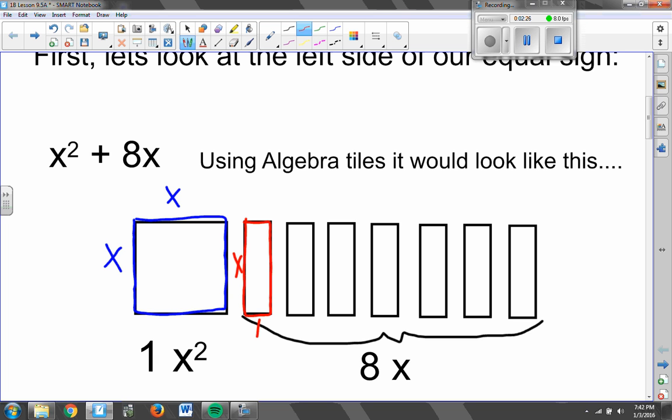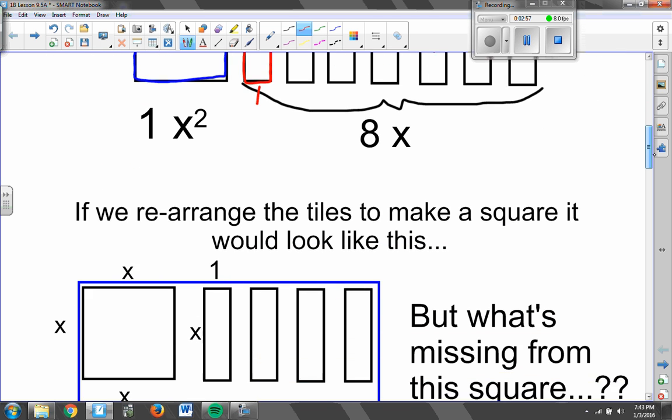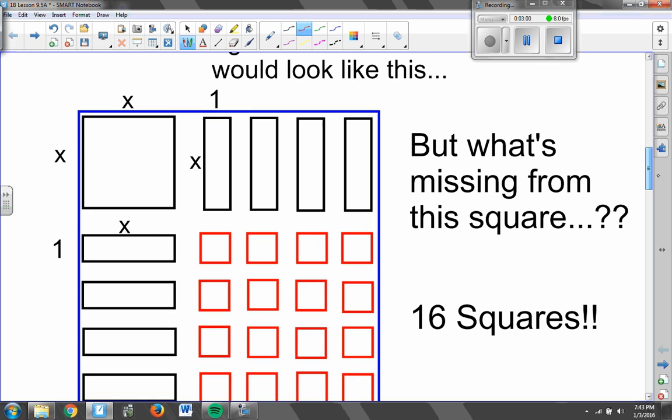The area of this blue guy is x squared, and the area of each one of these red guys is x times 1, which is x. I have 8 of those, and I have 1 x squared. So I have 1 x squared and 8 x tiles. Now, if I rearrange those tiles and turn them into a square, it looks like this.